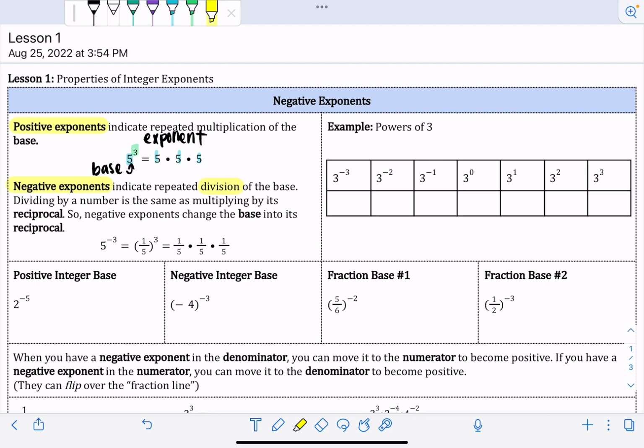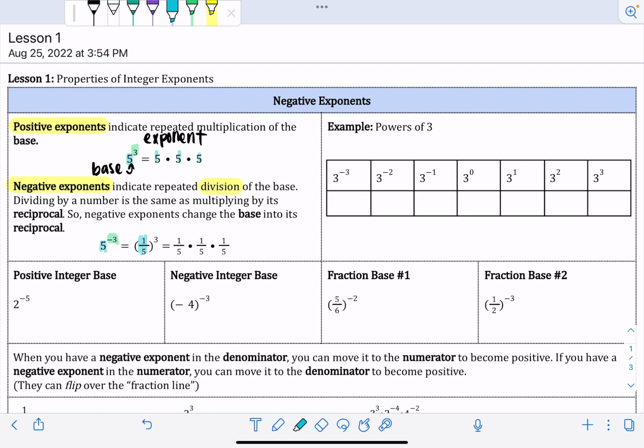And then dividing by a number is the same thing as multiplying by its reciprocal. So usually when we have negative exponents, we don't actually divide. We multiply by the reciprocal over and over again. An example of that is down here: 5 to the negative third power. Instead of doing 5 divided by 5 divided by 5 as many times as we need to, we can just take that 5 and flip it into its reciprocal, which is 1/5.